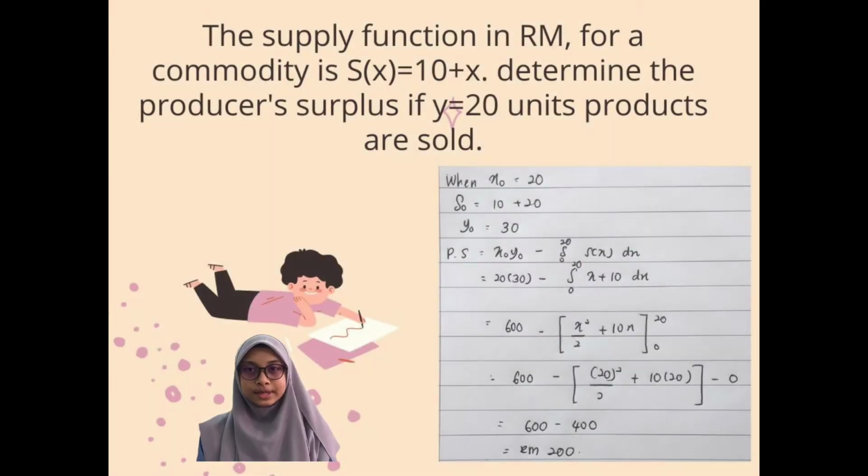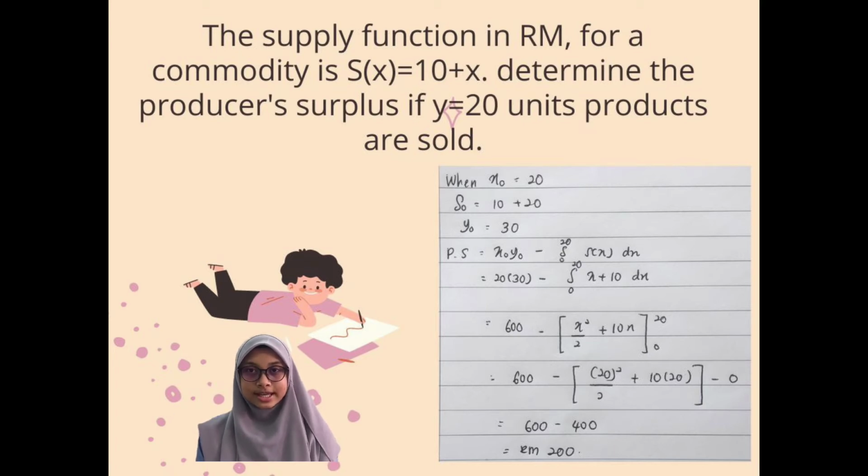We have sales and rewards of dates, so we can find the producer surplus. Producer surplus is defined as the difference between how much a person would be willing to accept for a given quantity of a good versus how much they can receive by selling the good at the market price. So, let's determine the producer surplus at the quantity of 20 if the supply function is equal to 10 plus x.